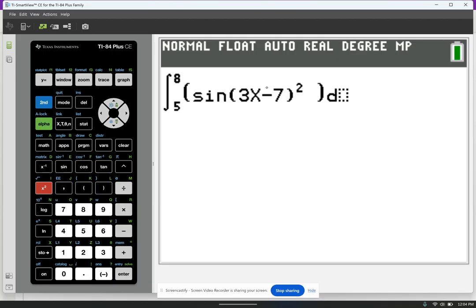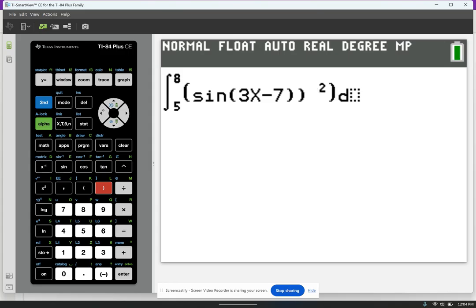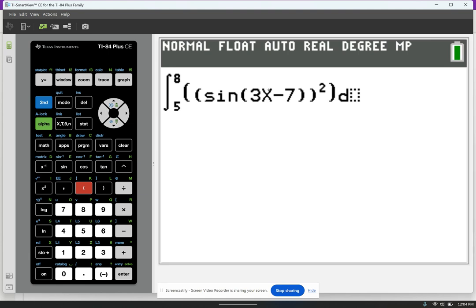That's the way the calculator reads it. Normally, we put the 2 here, but in calculator language, you can put it there. If you want to make sure that it's in the right place, you can also put parentheses around everything and say, oh, I'm taking the whole sine 3x minus 7 and squaring it.